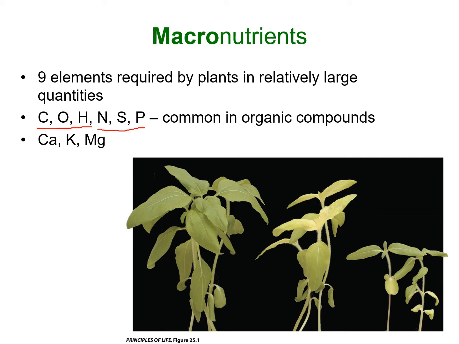These are all commonly found in organic compounds. And then we have 3 additional elements, calcium, potassium, and magnesium, which also play critical roles in plant health. So if any of those are missing, the plants are really not going to do very well. They're going to be very sick indeed.